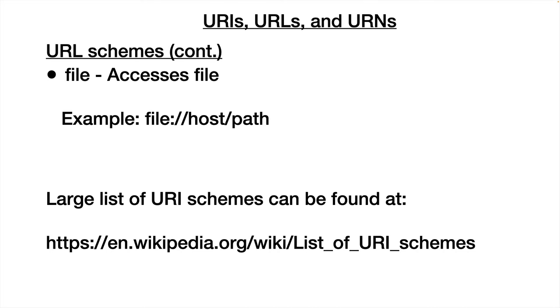An example is to give file:// a particular host / a path on that host to the file, and it will retrieve the file for you. And there are lots and lots of URL or URI schemes. So here is a URL where you can find a big list of those on Wikipedia.